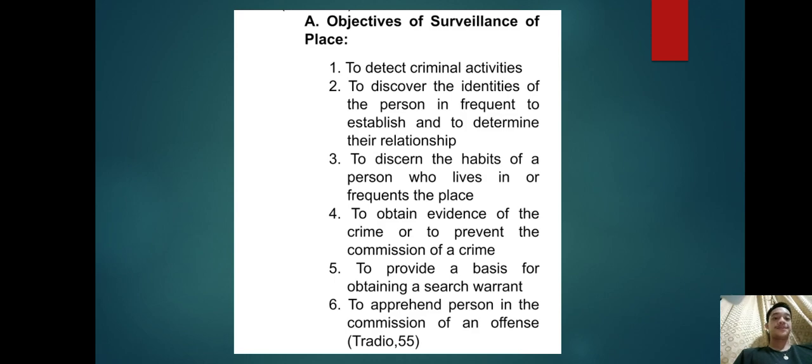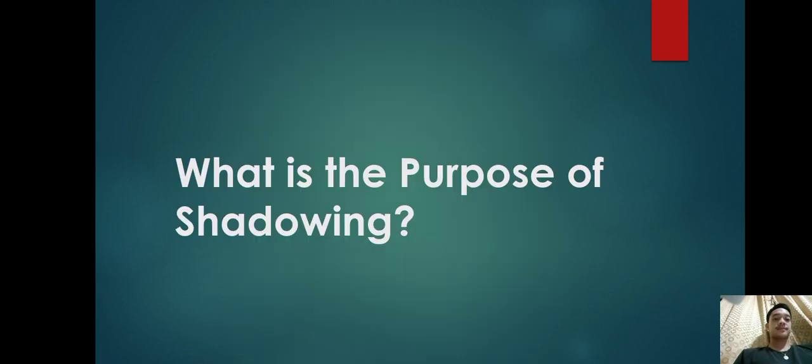Number 4, to obtain evidence of the crime or to prevent the commission of a crime. Number 5, to provide a basis for obtaining a search warrant. Number 6, to apprehend persons in the commission of an offense.